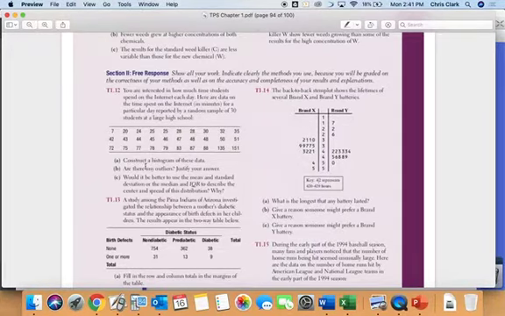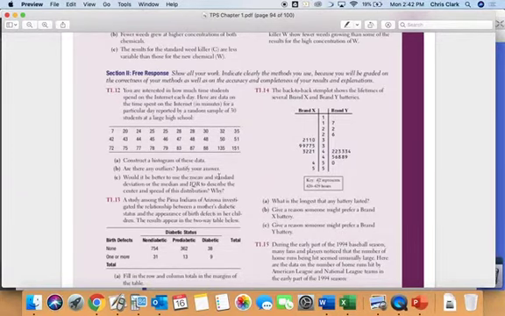And then figuring out if there are any outliers, that's where we do the 1.5 times the IQR. Add that to Q3, subtract it from Q1. I do that same thing with this problem. In this case, I think there is an outlier in this problem. Yeah, 151 is an outlier.